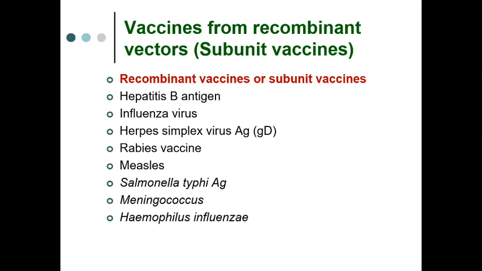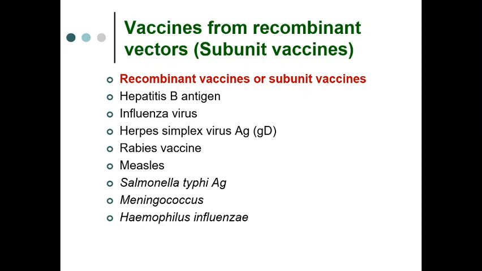By cloning this gene in a suitable vector and a suitable host, one can produce large quantities of that subunit antigen in the medium, which can be purified and administered as a vaccine. So here genetic engineering technology has been used.